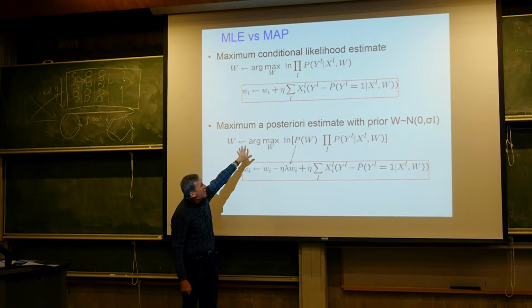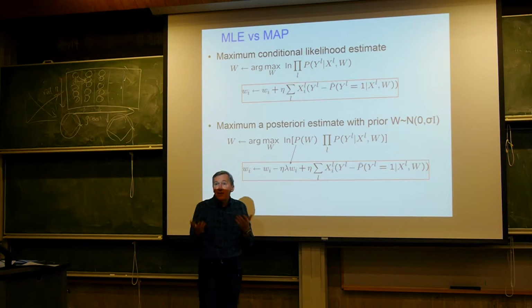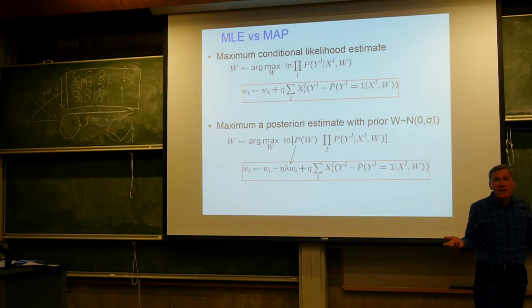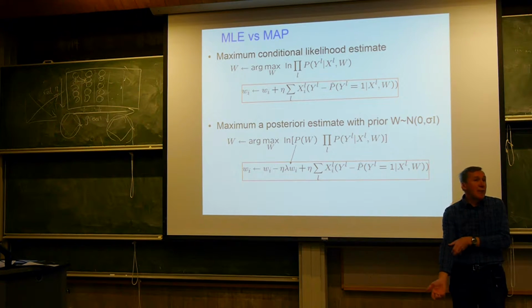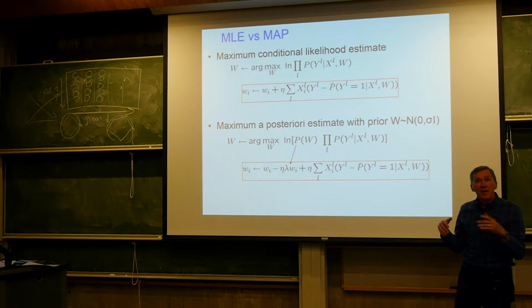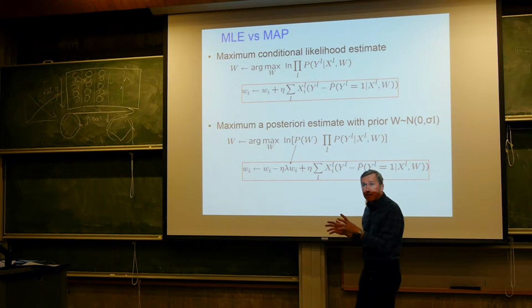Then we mentioned toward the end that instead of maximum likelihood, we could also try to do a MAP estimate. Of course, anytime we do a MAP estimate, we have to make up some kind of prior on the parameters that we're trying to learn.